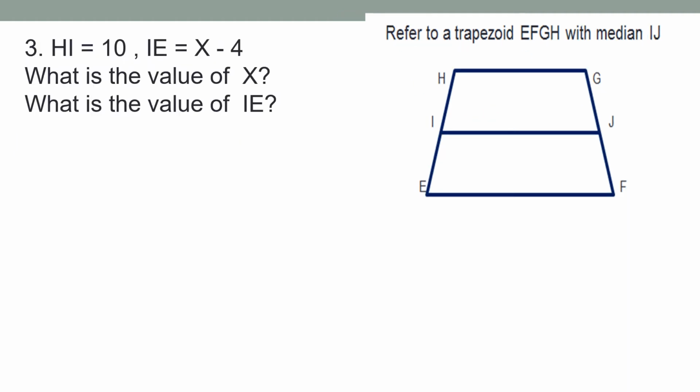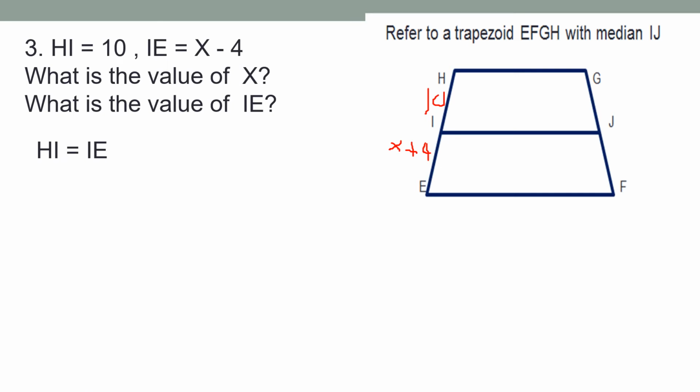Number 3, HI is equal to 10. IE is equal to x plus 4. What is the value of x?